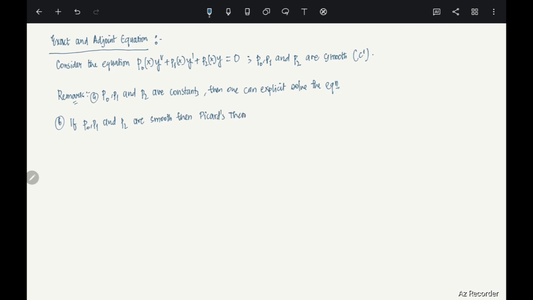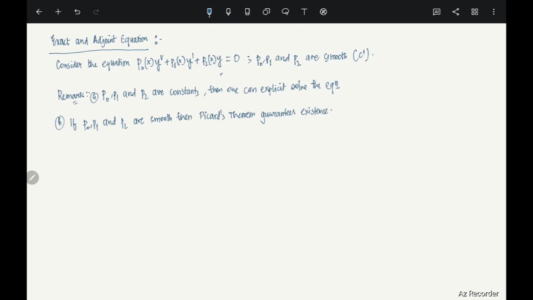You remember, you can reduce it to a system, and that system and this equation are equivalent. For that system, given initial data, there is existence and uniqueness. So this equation has a unique solution. Picard's theorem guarantees unique existence, so we know there is a solution provided the coefficients are smooth enough.